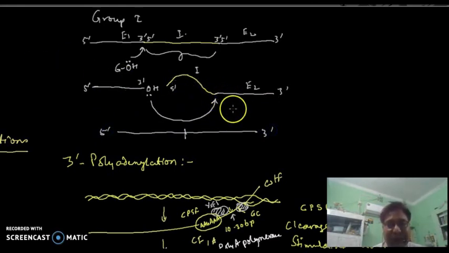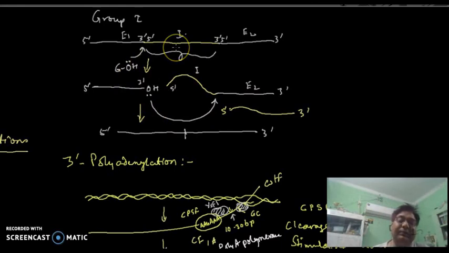The intron is now released like this. It is a linear intron. It is not a lariat. A lariat is formed in case of group 2 intron splicing, and also in case of spliceosome mediated splicing. So this is how group 1 splicing occurs.